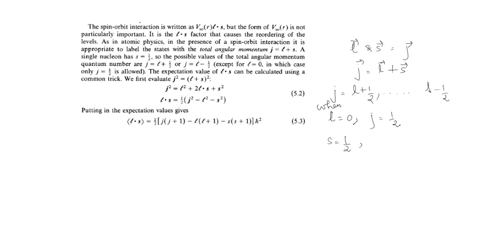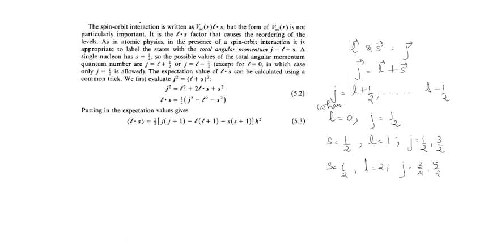When L equals 1, J would take values half and 3 by 2, isn't it? When L equals 2, J can take values 3 by 2 and 5 by 2, etc. So in the case of one electron systems, we saw that each level splits into 2.